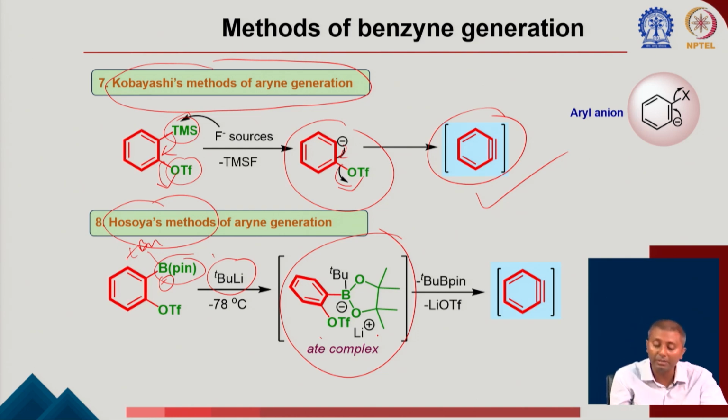But generally, borons are trivalent, and if you increase the valence to tetravalent, then we generally call this type of complex an ate complex. Once the ate complex forms, this carbon-boron bond becomes weaker, so it is going to break, and you can write it very similar to the silicon, forming the benzyne, and the triflate is going to come out.